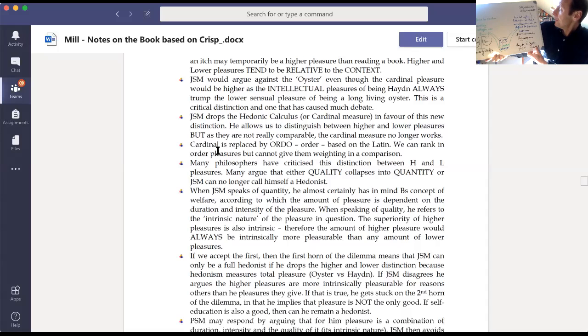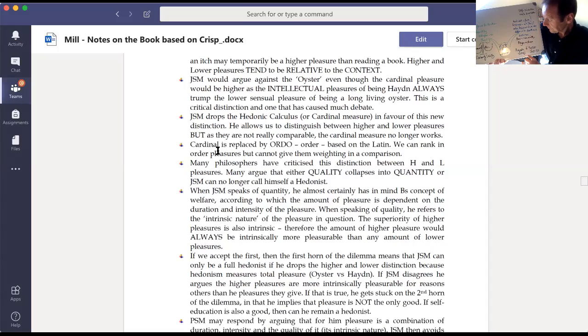The other horn of the dilemma is to say Mill is not a full hedonist. He has now developed this higher category of intellectual pleasures that are somehow better than physical pleasures. He's emphasized that they can't all be weighed on the same scales. They're incommensurate. They can't be measured together. And they're polymorphous. Higher and lower pleasures are very different.